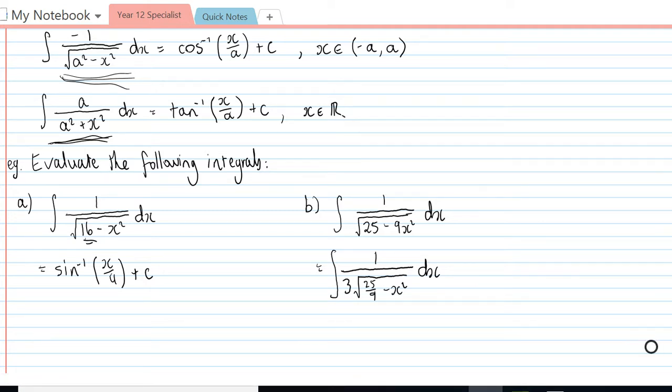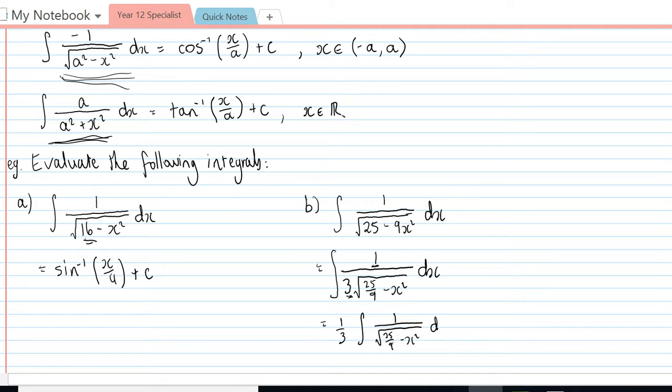To perhaps make it even better, I could just move the 1/3, getting the 1 from here and the 3 from here. So 1/3 out the front of the integral of 1 over the square root of 25 on 9 minus x squared dx. And so that looks pretty good.